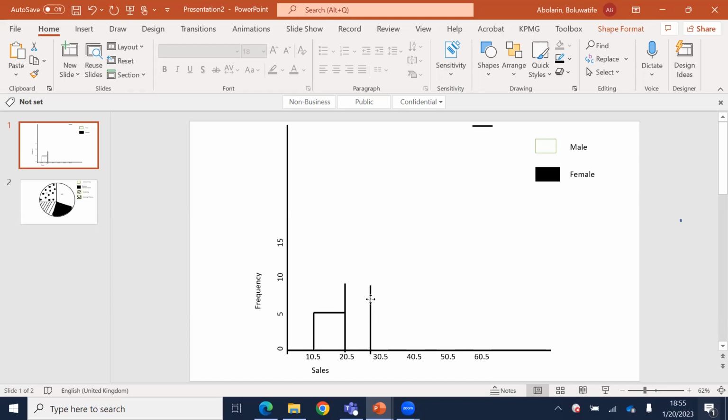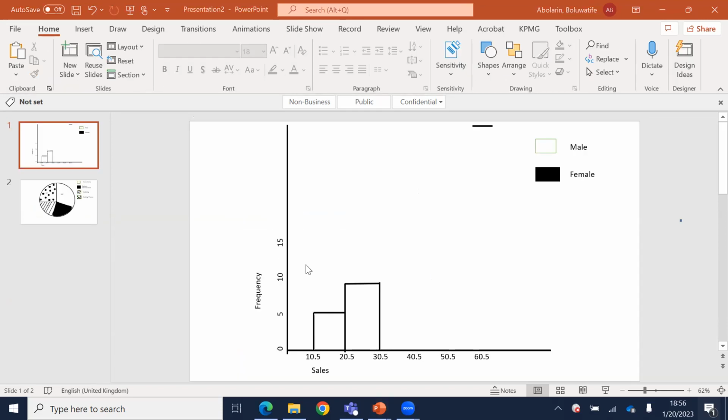You bring it again to the middle of 30.5. 9, you will cover it. That is 9.